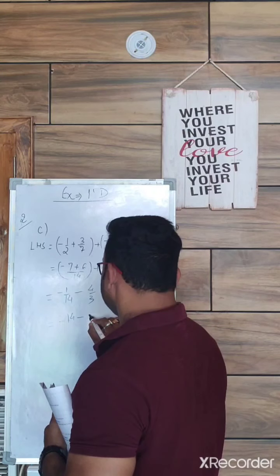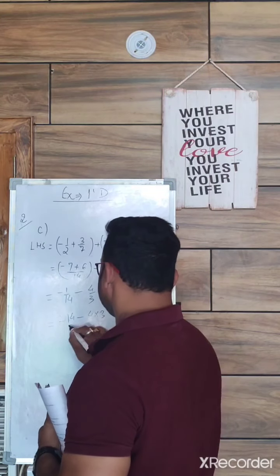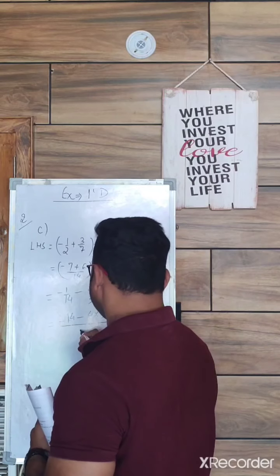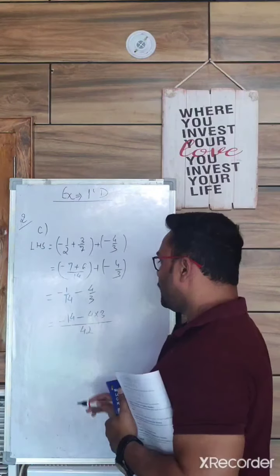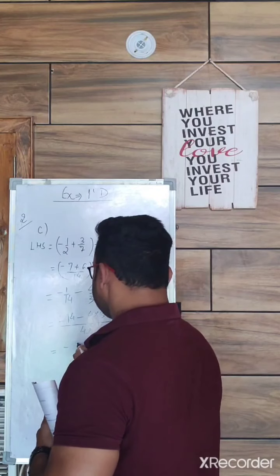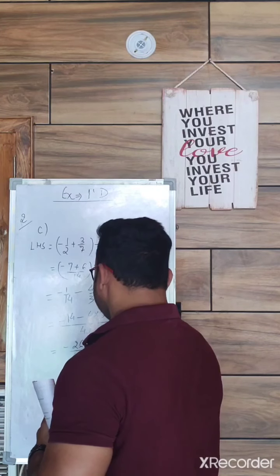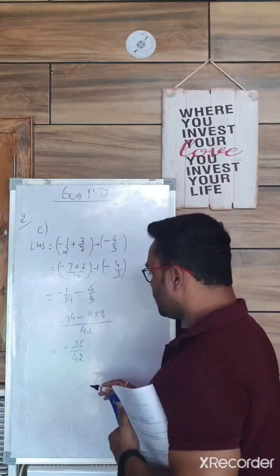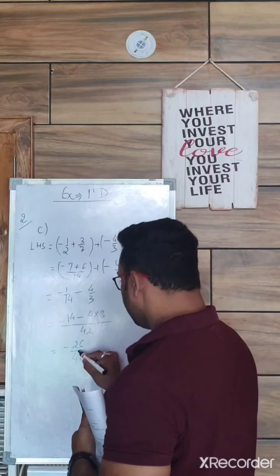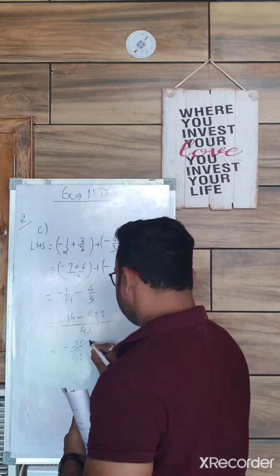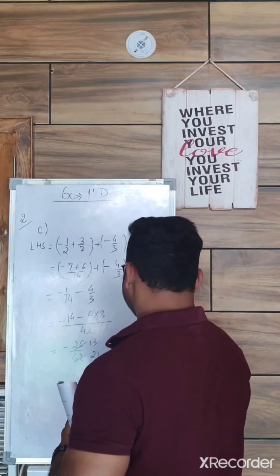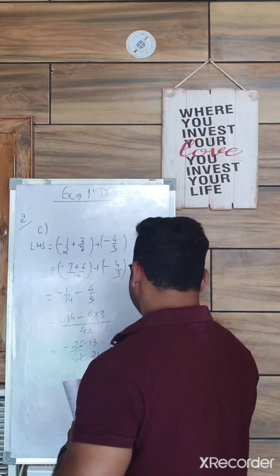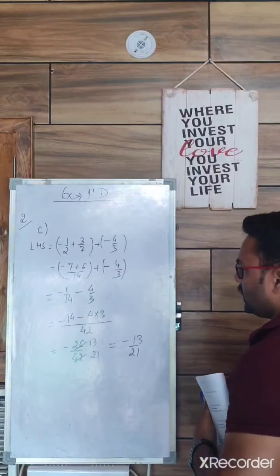Minus 4 3s are 12 upon 42. 12 and 14, minus 26 upon 42. You can cancel it by 2. Minus 13 upon 21. So it is our LHS.